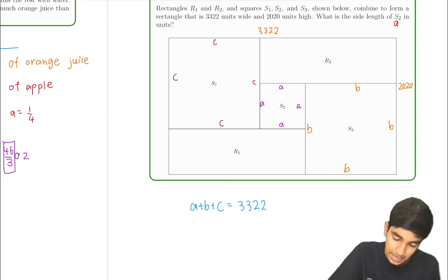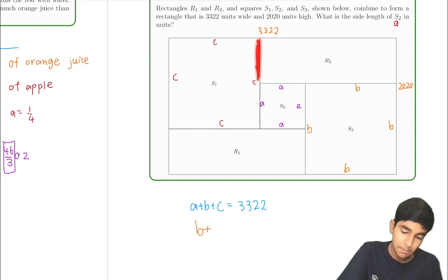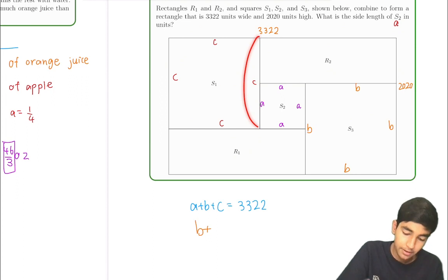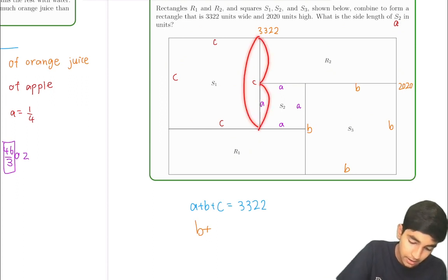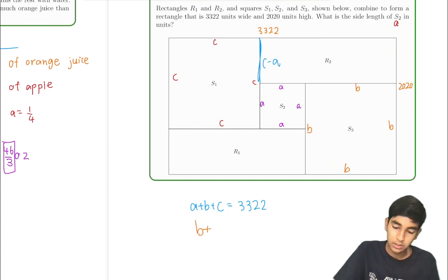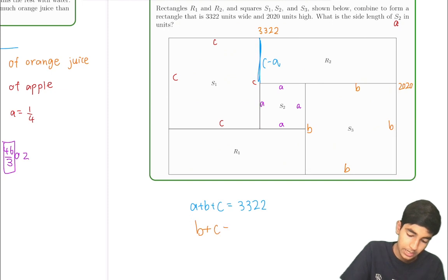Similarly, we have B plus this part, and this part is nothing but C minus A, because this full length is C, this part is A, so this part right here is C minus A. So this side length is just B plus C minus A, which is 2020.